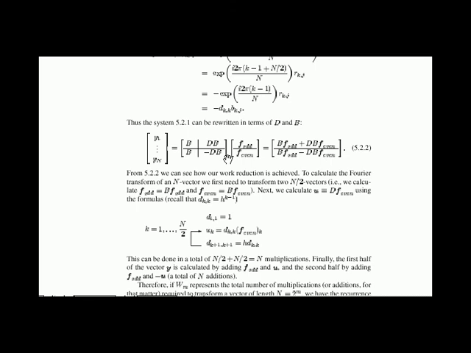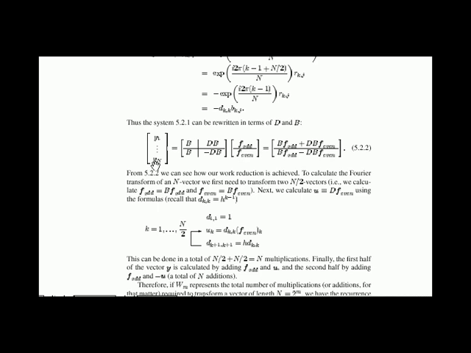And the details are in the text, but the bottom line is this expansion right here. If you want to multiply your special matrix A times F to get Y, it turns out that you have to do two matrix vector multiplications of half the original size. In other words, if A is an n by n discrete Fourier matrix, B is the n over 2 by n over 2 matrix.